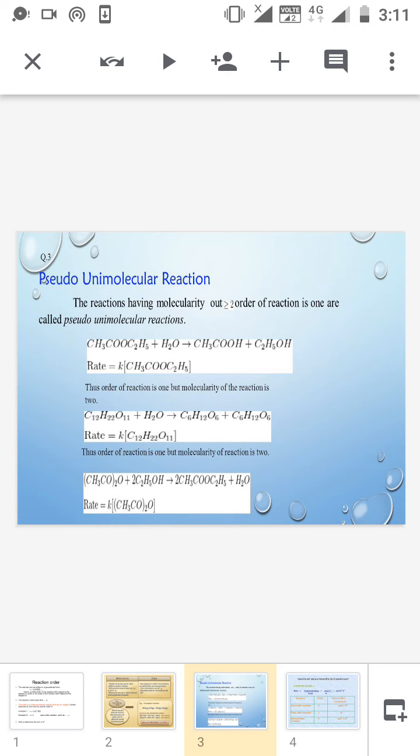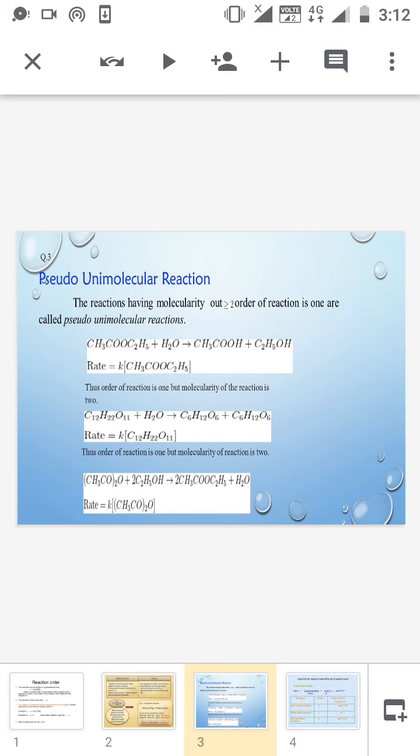Consider the chemical reaction ester hydrolysis. Ester plus water gives acid plus alcohol. So this is the equation. Here we can see two reactants, the ester and the water. So naturally the rate of a reaction is proportional to the concentration of the ester and the concentration of the water.